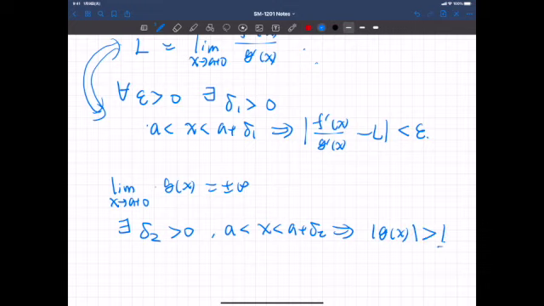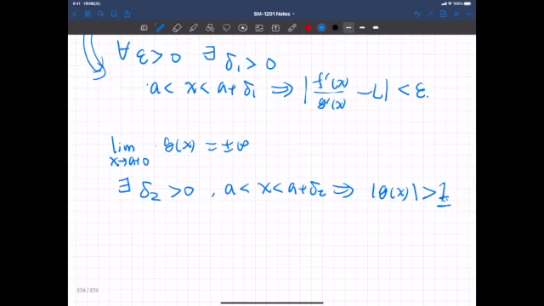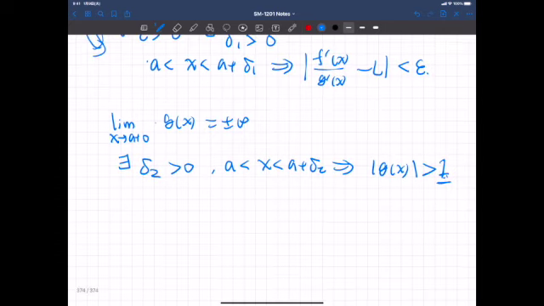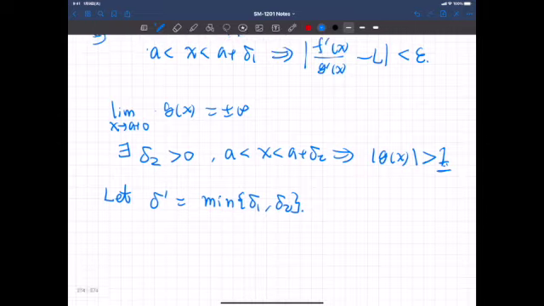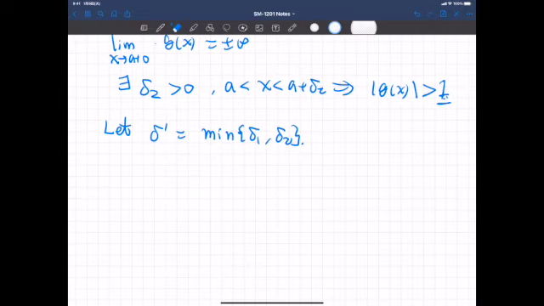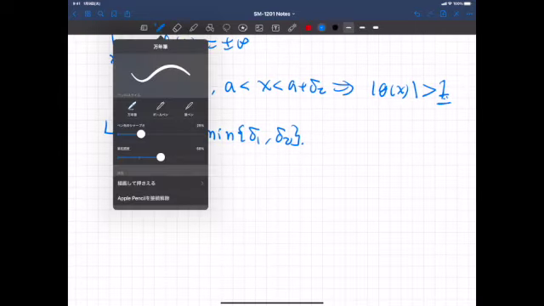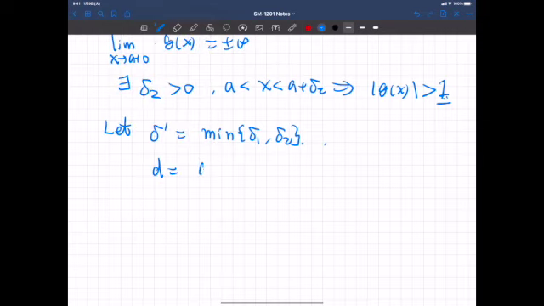This 1 could be any positive real number, but for convenience, we choose 1 in particular. Now, let's define delta prime as the smaller of delta 1 and delta 2, and for convenience define d as a plus delta prime.